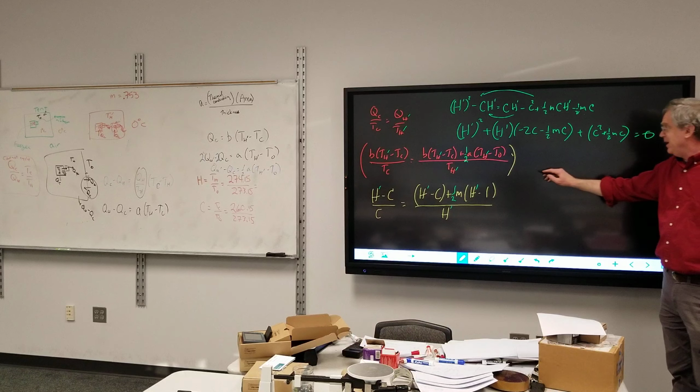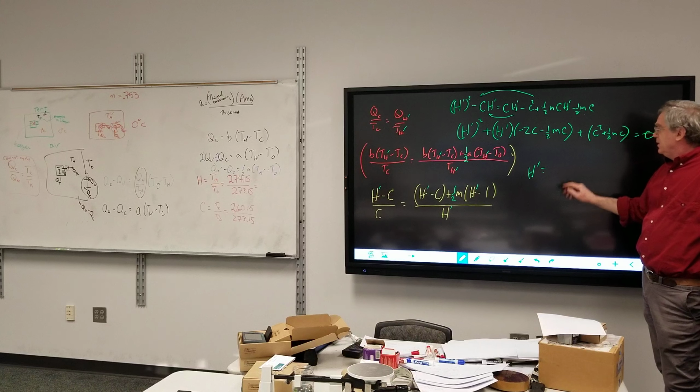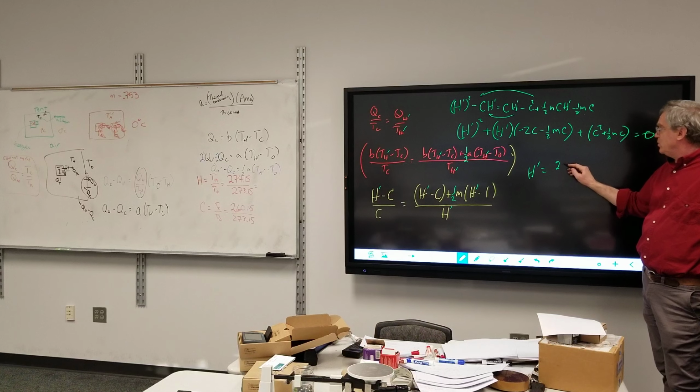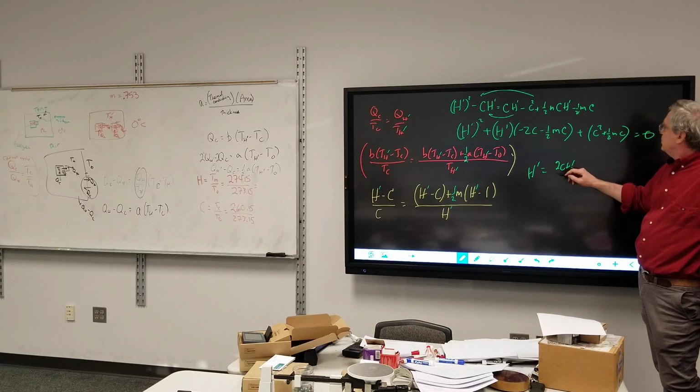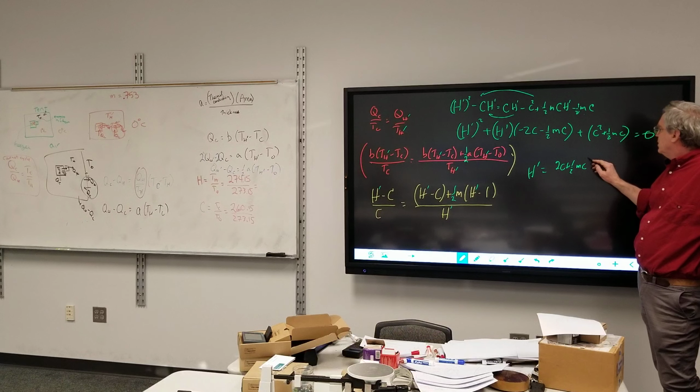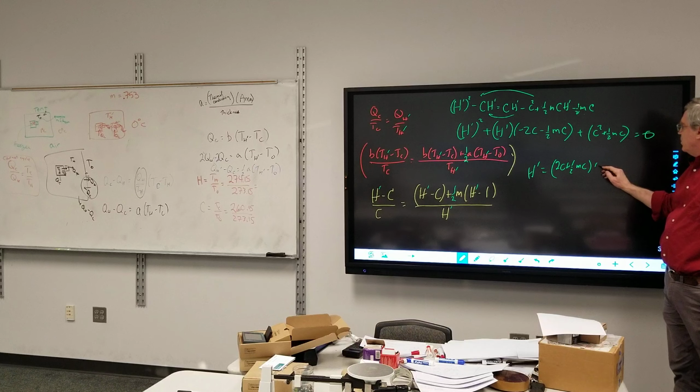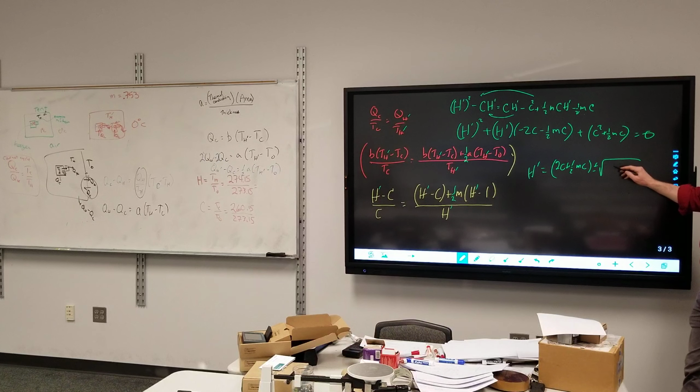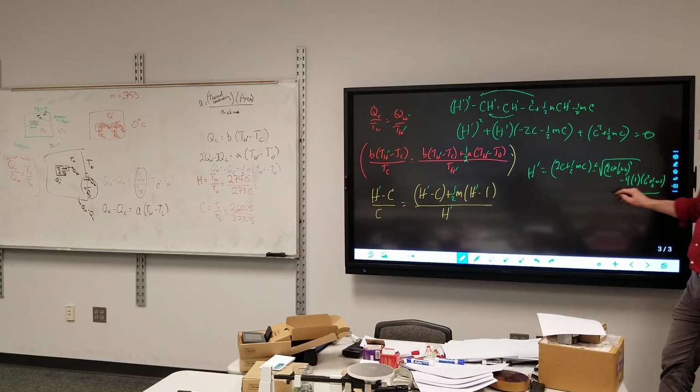Quadratic formula. H prime equals negative of that, so 2C plus 1/2 MC, plus or minus the square root of that same thing, so 2C plus 1/2 MC squared minus 4 times 1 times C squared plus 1/2 MC, all divided by 2.